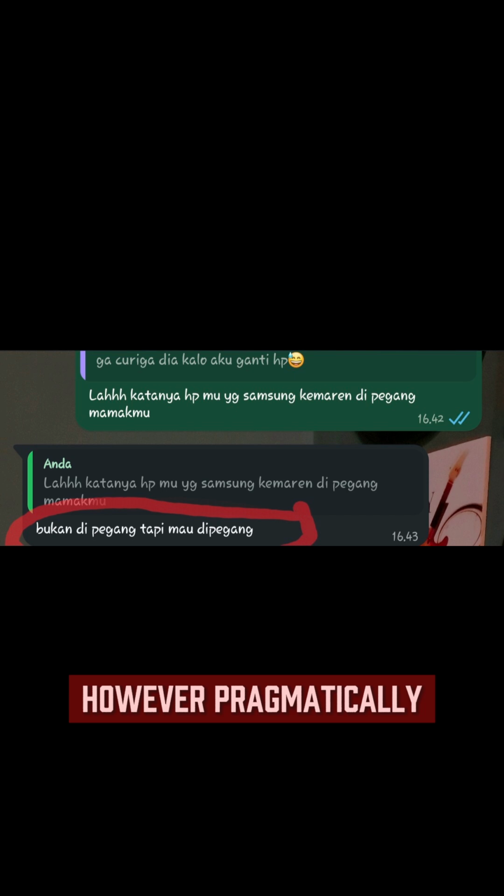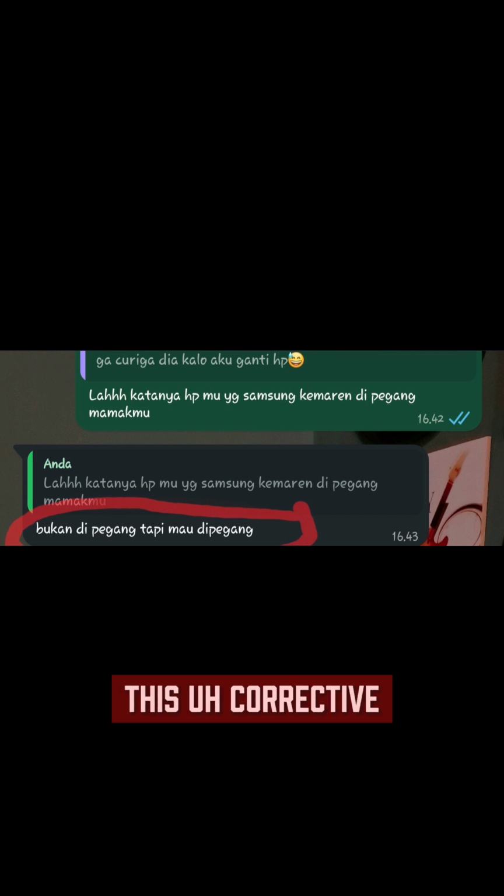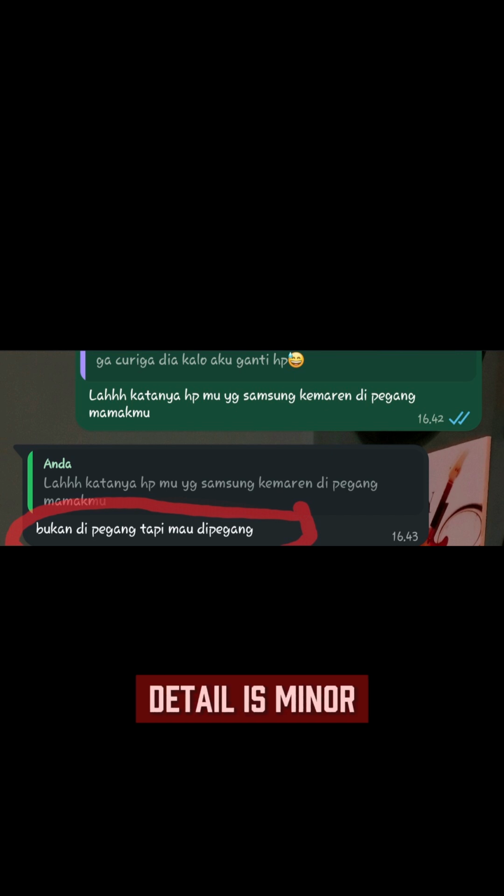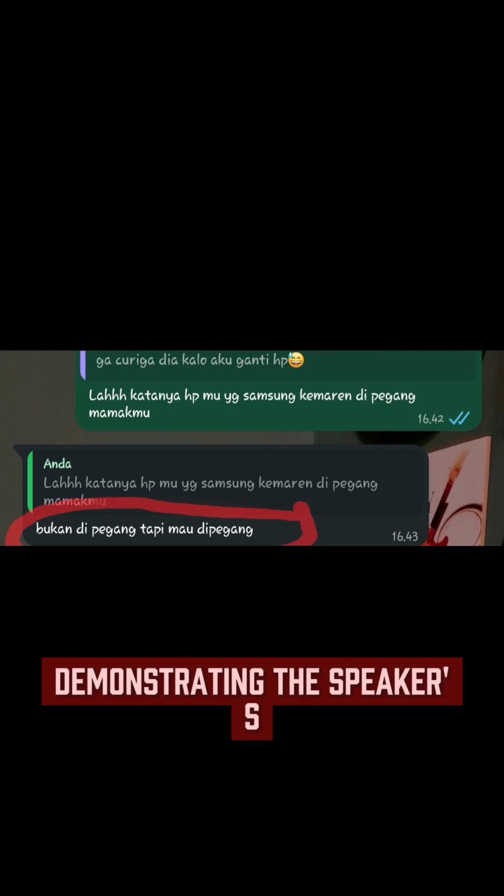However, pragmatically, this corrective action functions as a speech act to assert status and provide more accurate detail, even if the detail is minor to the main conversation, demonstrating the speaker's intent.